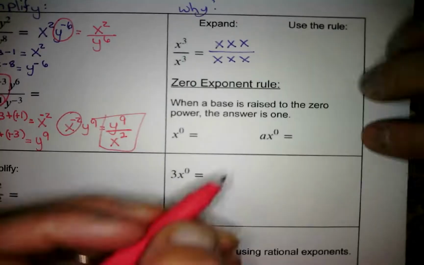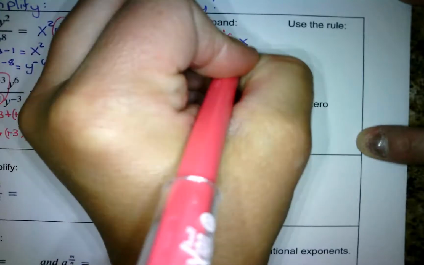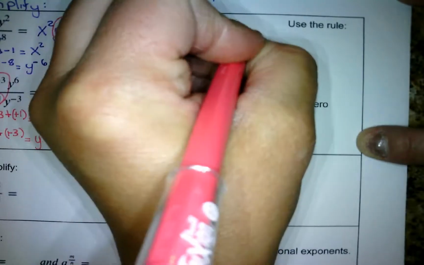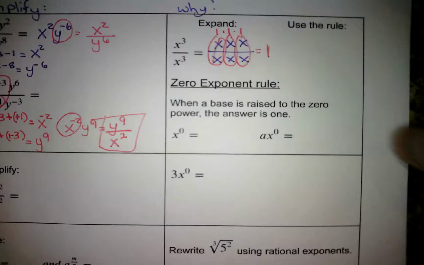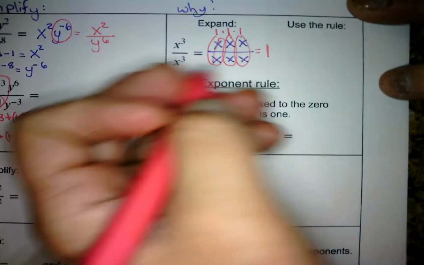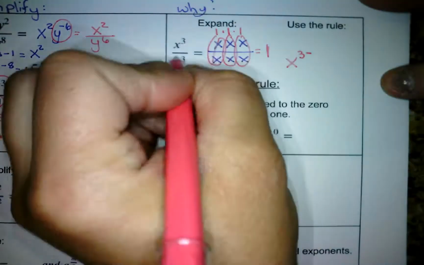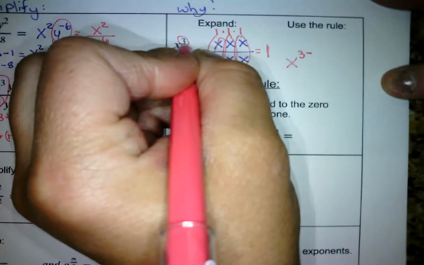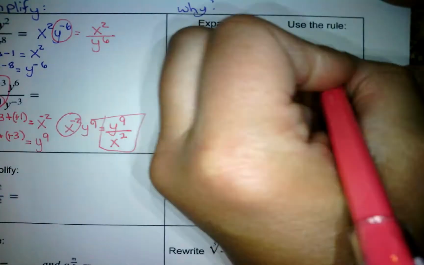So now I have 1 times 1 times 1, and that's 1. So x to the 3rd divided by x to the 3rd would be x to the 3 minus 3, our exponent up here minus our exponent in the denominator, which gives us x to the 0 power, and we just showed that it was 1.